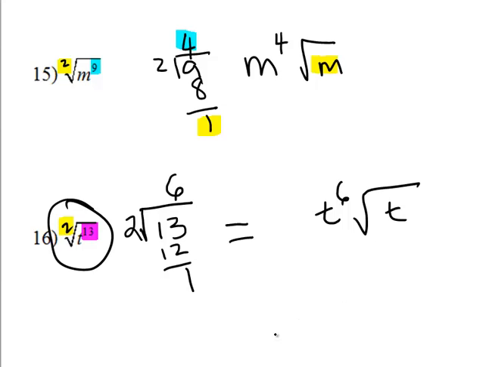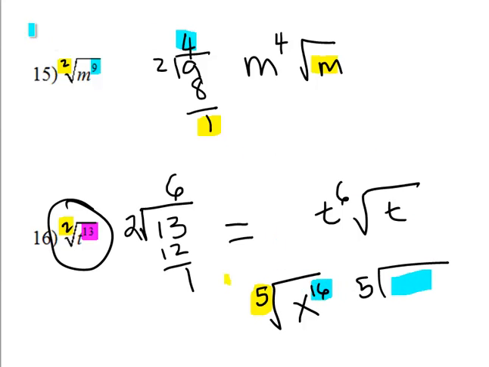I'm going to show you one that's not with a square root because it might help you make more sense too. If I need to find the 5th root of x to the 16th, I'm going to take this on the outside of the division problem, and on the inside will be this, right? 5 goes into 16 3 times.